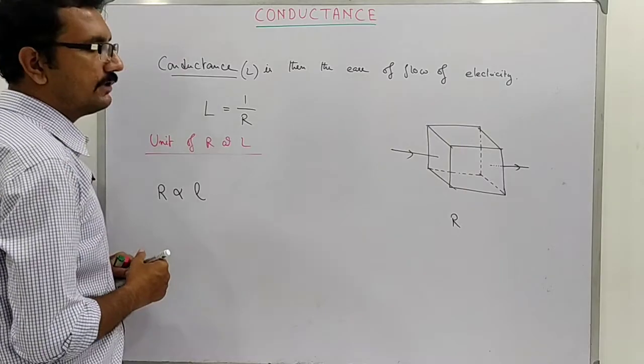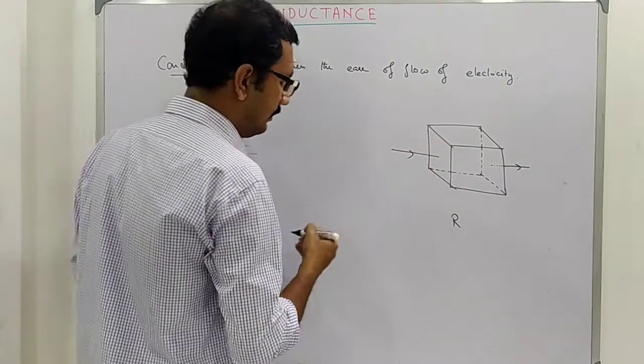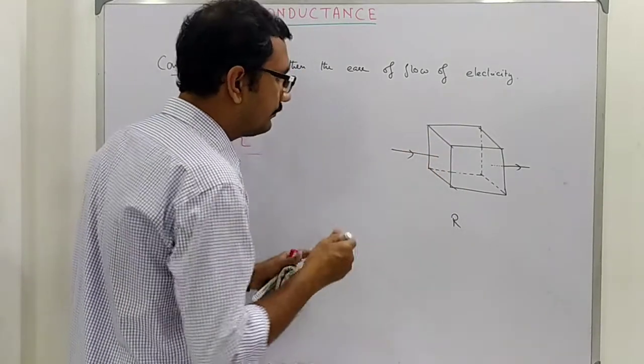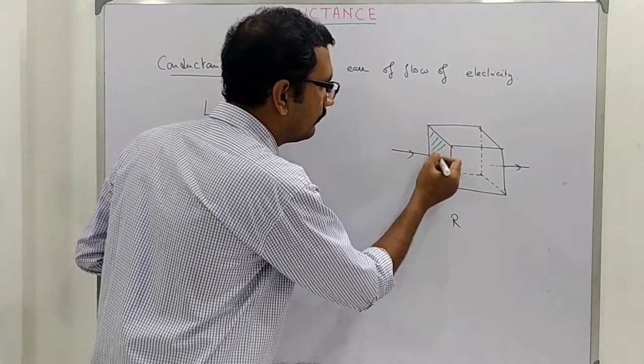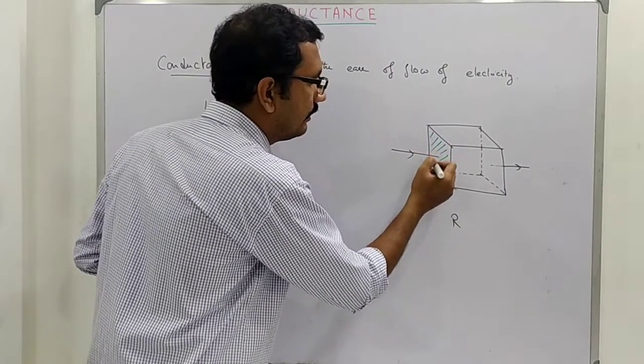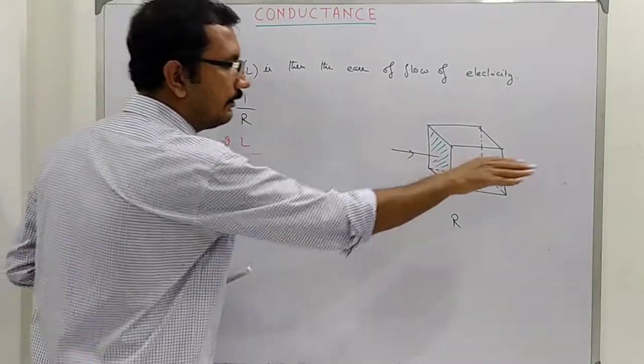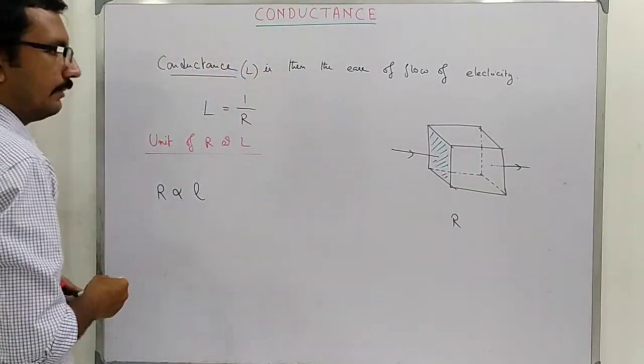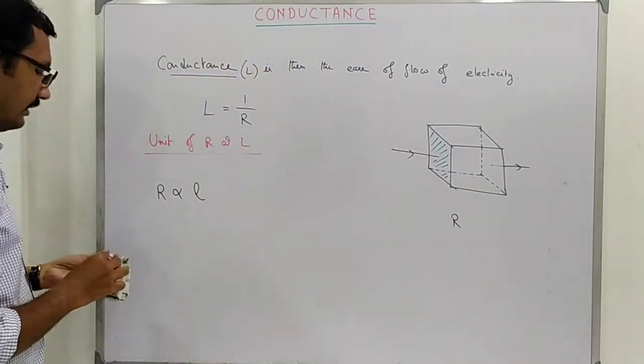And what about the cross sectional area? This one is the cross sectional area through which the electrons are crossing, or the conductor is conducting.